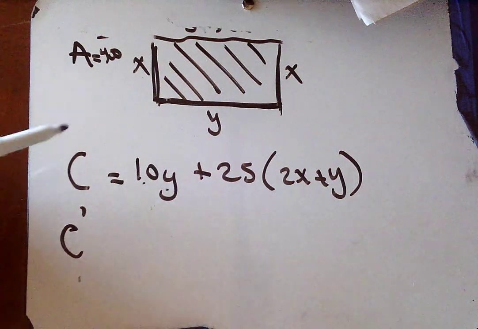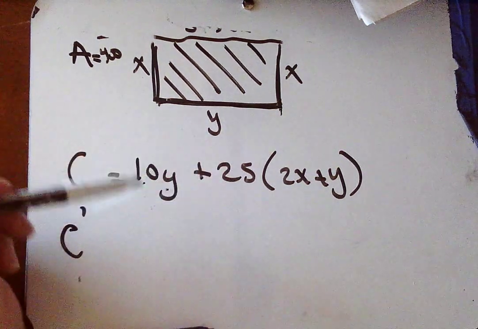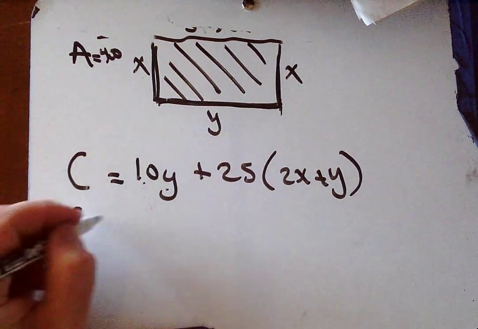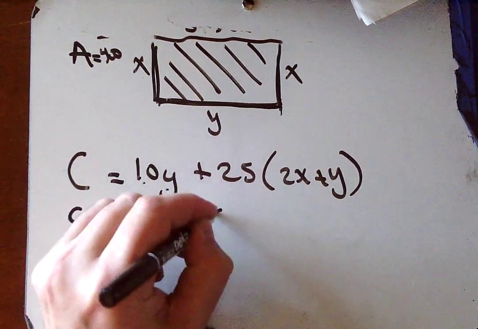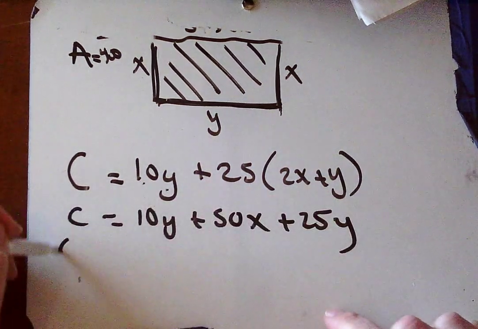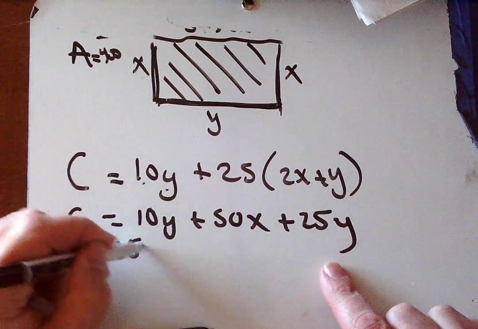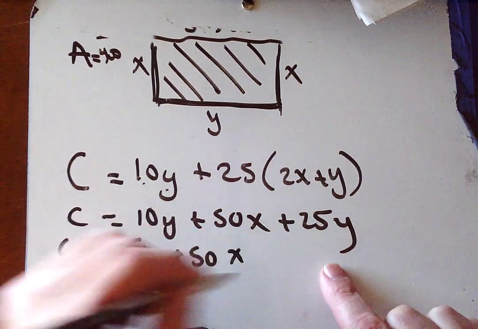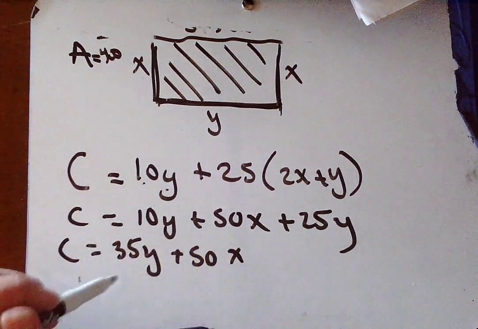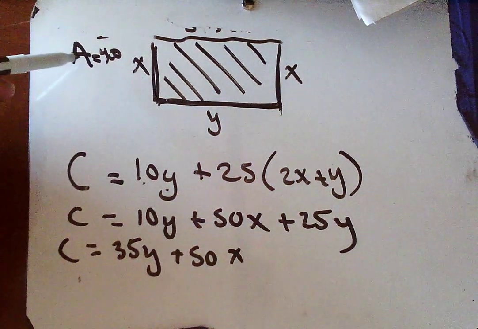Well, I don't really want to find C prime with X's and Y's. I would be willing to do this: 10y plus 50x plus 25y, and then c equals 35y plus 50x. And I know we know how to do things implicitly, but no, really, I want to use a helping equation.